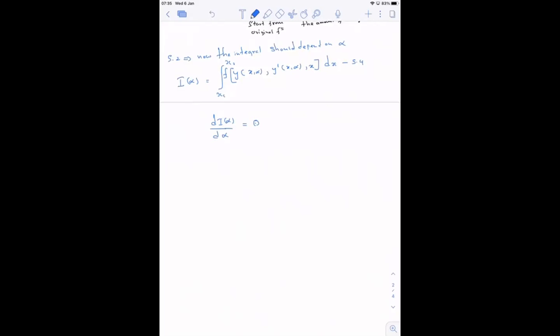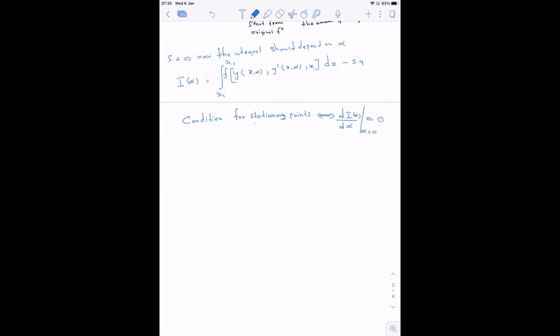Let me just write it in this way. Condition for stationary points: the differentiation of this integral with respect to parameter alpha at alpha equals 0 should be equal to 0, right?